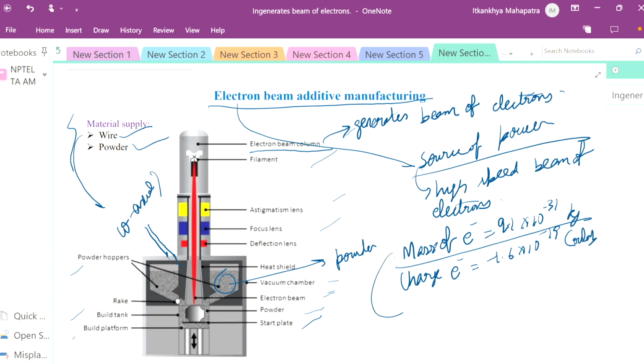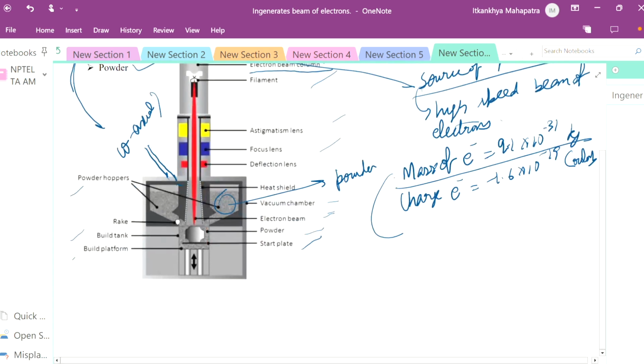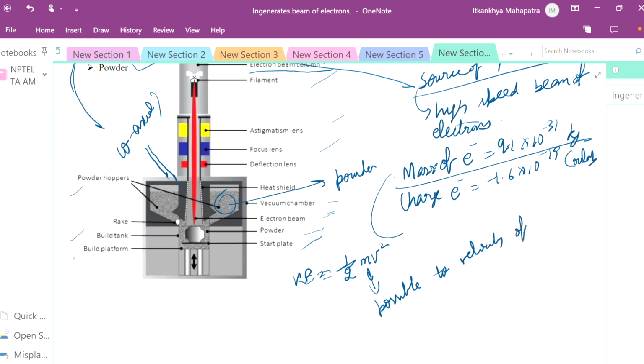Now, when this electron strikes the powder particle or a substrate, it generates a lot of heat. How does this happen? If we have a small mass, kinetic energy is equal to half m v squared. So with this small mass, it is possible to increase the velocity of the electron up to 2/3 of the speed of light.